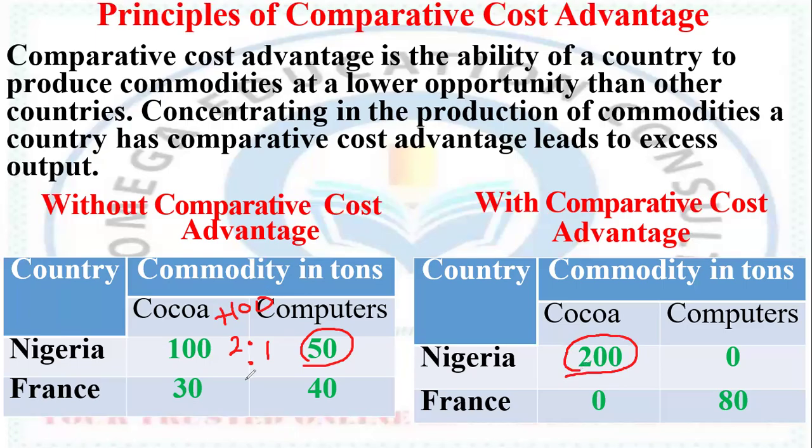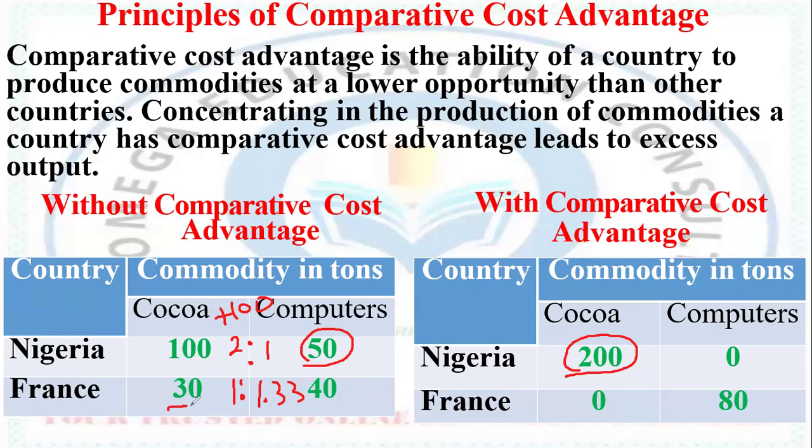Now, when it comes to France, the ratio is going to be 1:1.33, meaning every 1 ton of cocoa will give France 1.33 tons of computers.